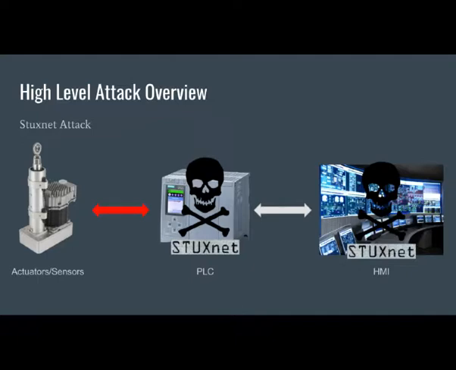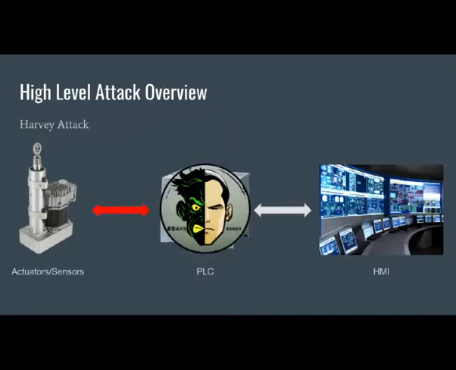In the Stuxnet case, they played back pre-recorded readings to try and fool the operators. In the Harvey attack, they didn't want to deal with the HMI, as we'll go into later, but wanted to focus the attack solely on the PLC, whereby they had to know the physical model of the system in order to first maliciously attack it, and secondly, spoof the readings to the HMI.